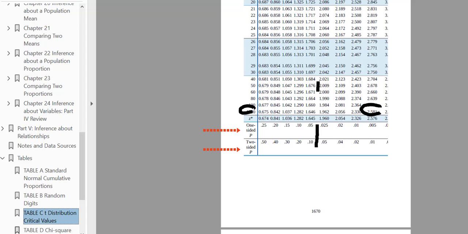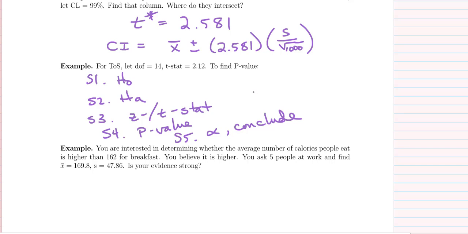Depending on what our alternative is, because you still have one-sided alternatives or a two-sided alternative, our p-value is going to be less than 0.10 or 0.05. And so we still have statistical significance at a certain alpha, right? Hopefully that helps you understand how to find the p-value. Now we'll do a more thorough example so that you can see how it works in action.